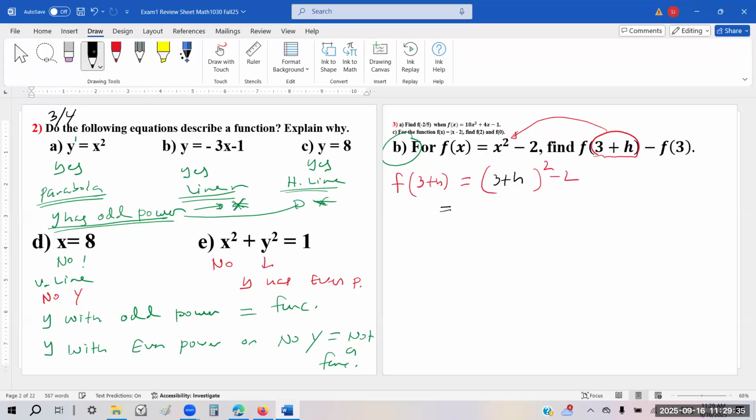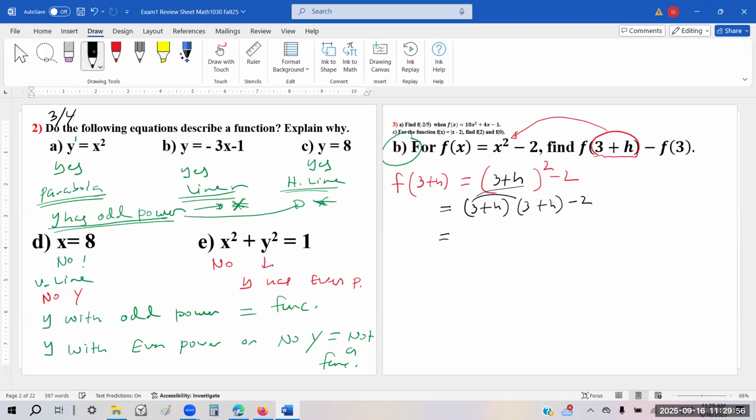And then do you remember what you do? FOIL. You cannot distribute. You have to use FOIL. The distribution of the power works only in multiplication and division. For addition or subtraction, there is no distribution. You have to use FOIL.